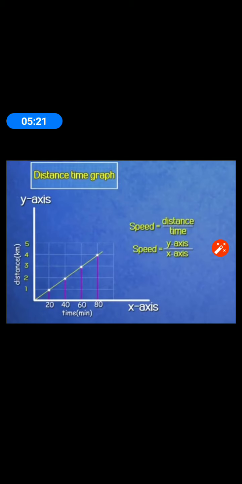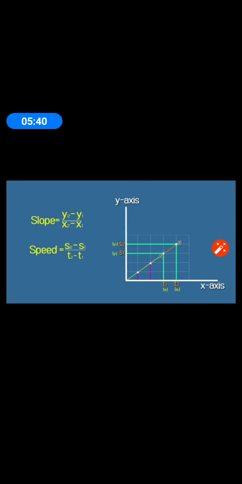Slope is equal to y-axis upon x-axis, and speed here is also y-axis upon x-axis because it is distance upon time, and distance is y-axis and time is x-axis. So speed is equal to slope is equal to y upon x.